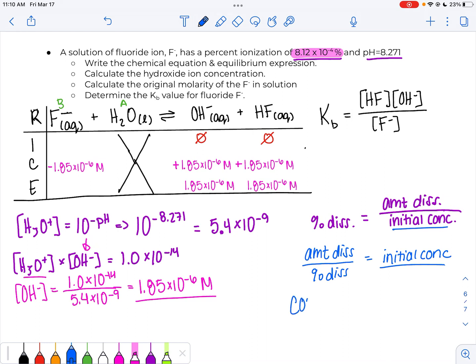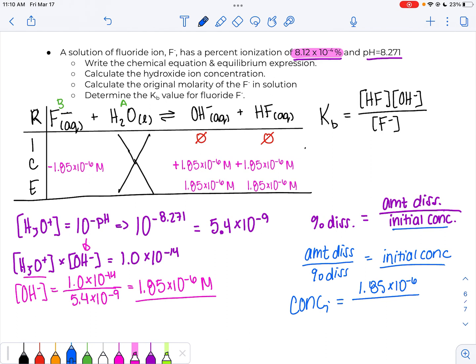Dope. Cool. So concentration initial is equal to my amount dissociated, 1.85 times 10 to the negative 6th, and then my percent dissociation is given as 8.12 times 10 to the negative 4th percent.